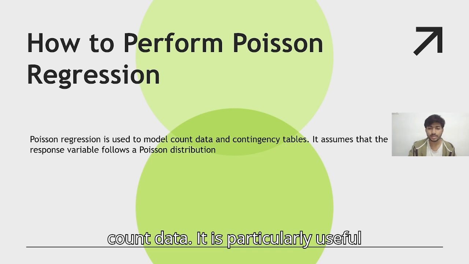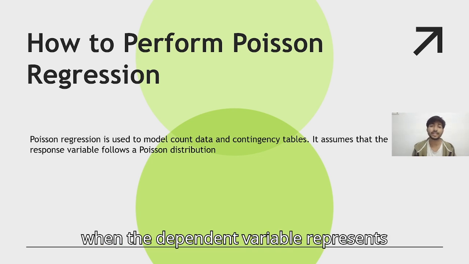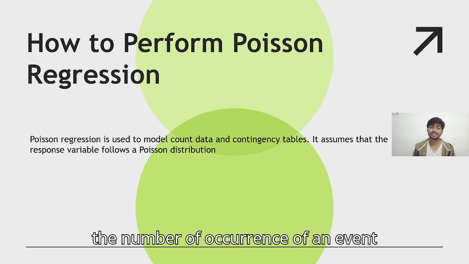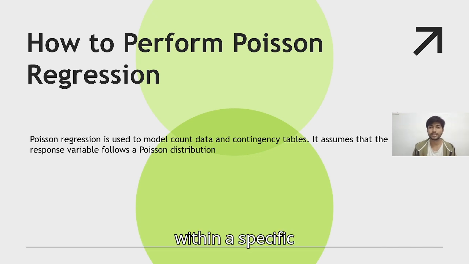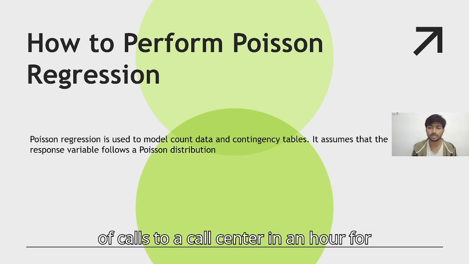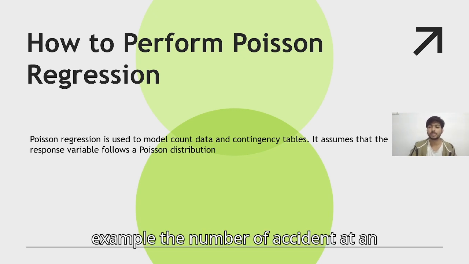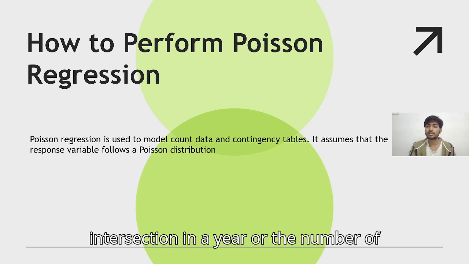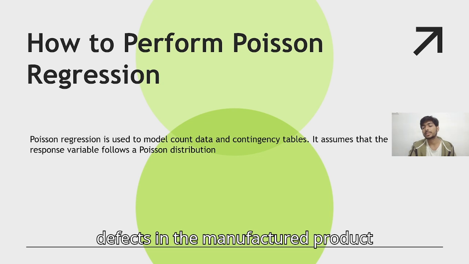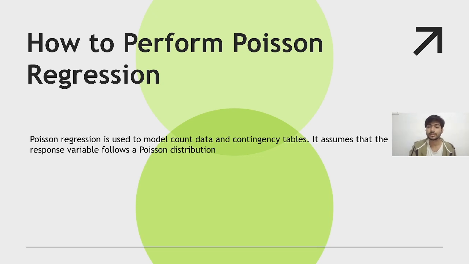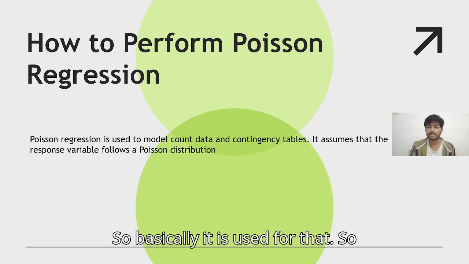It's particularly useful when the dependent variable represents the number of occurrences of an event within a specific interval, such as the number of calls to a call center in an hour, for example, the number of accidents at an intersection in a year, or the number of defects in a manufactured product. Okay, so basically it is used for that.